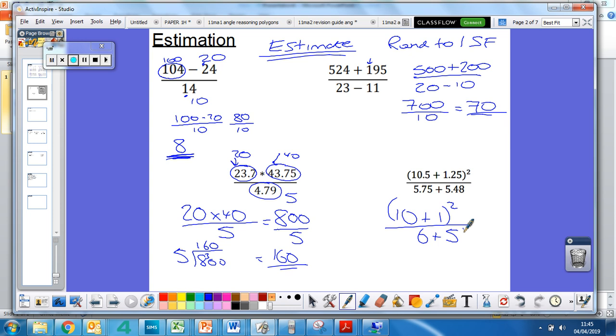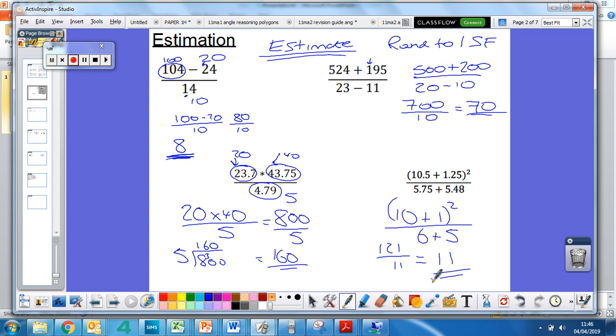On the top, 11 squared is 121. On the bottom, 5 plus 6 is 11. 11's into 121. I know my times tables. It's 11 11s is 121. The answers will always turn out to be nice if you round to one significant figure and stick to the good old rules of BIDMAS and doing things in the right order.